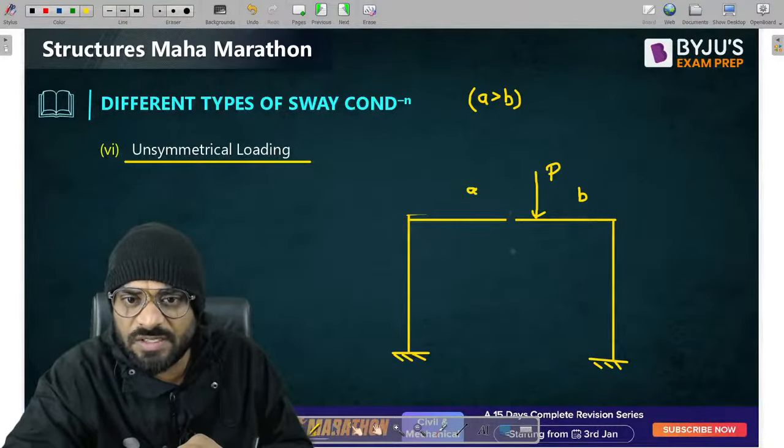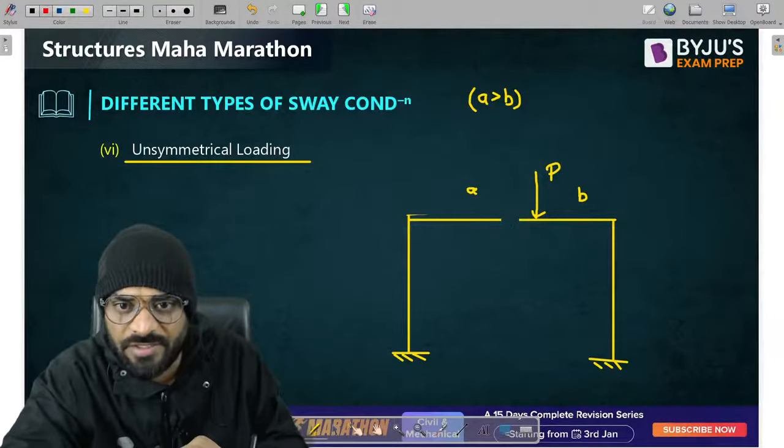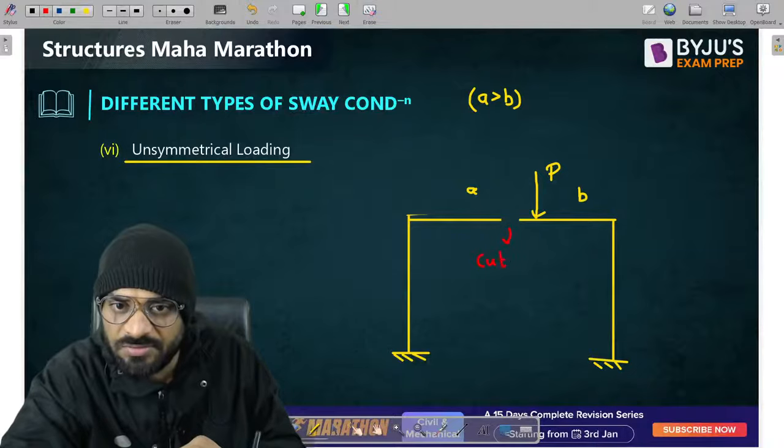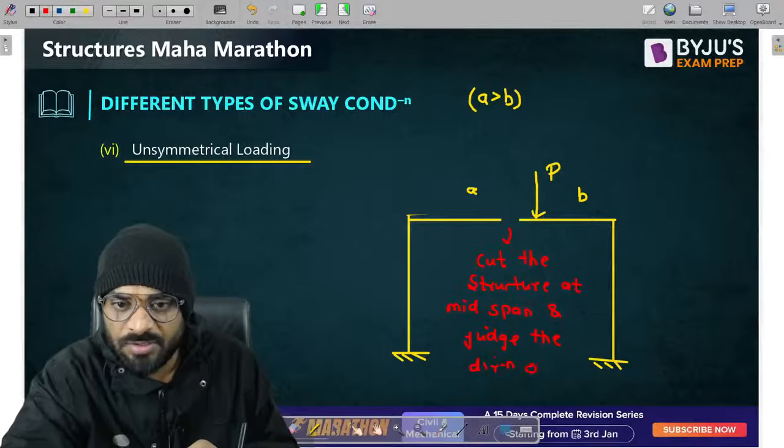So just cut the structure at the center in such a condition. I will write the statement. Cut the structure at midspan and judge the direction of collapse.